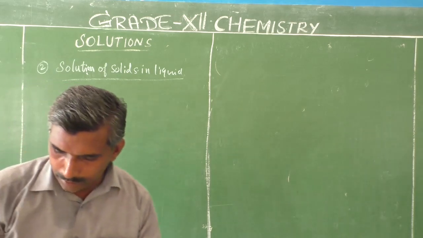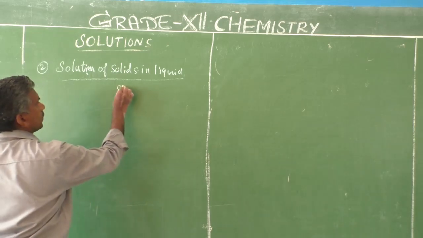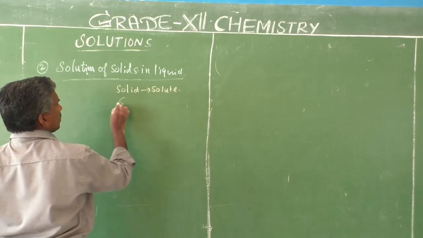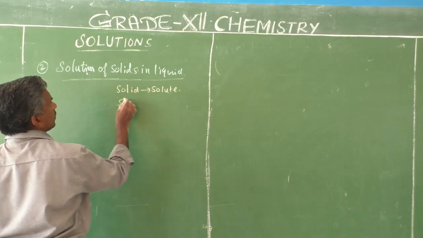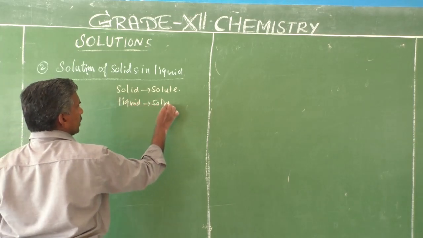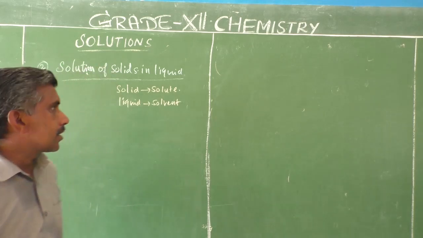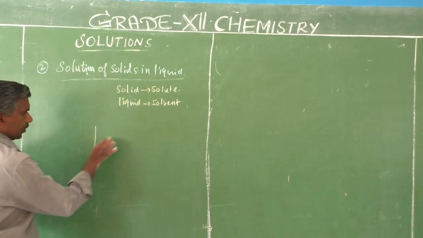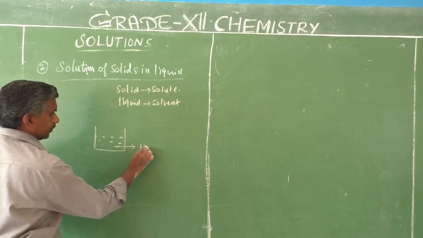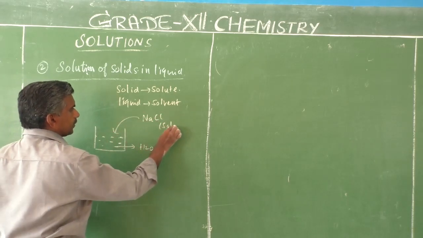Here, the solid is the solute and the liquid is the solvent. A great example: you take water and add sodium chloride, which is a solid.